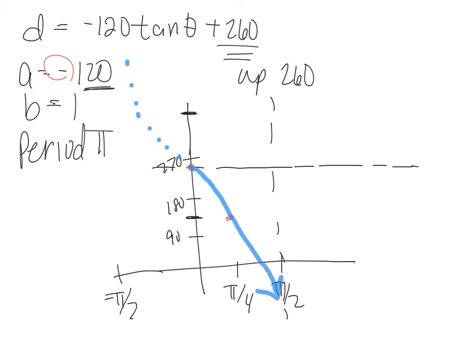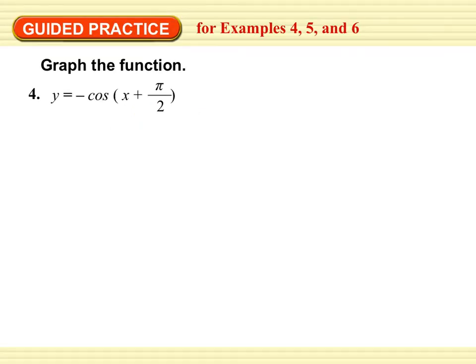In fact, we don't care about this part either. Let me just redraw this part. It's awful, I know, but that really is about how your tangent is going to look. I would assume it'd be more curved if it were drawn better, but my drawing isn't all that good. Okay, all right, let's try some guided practice.